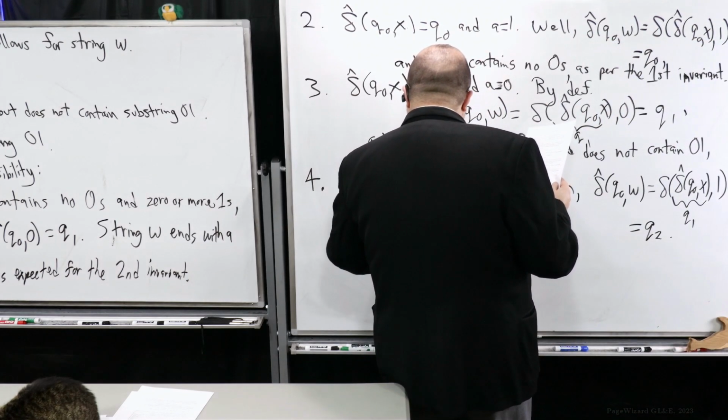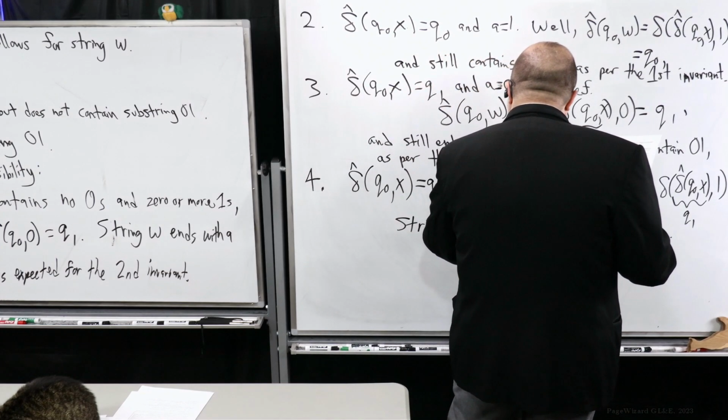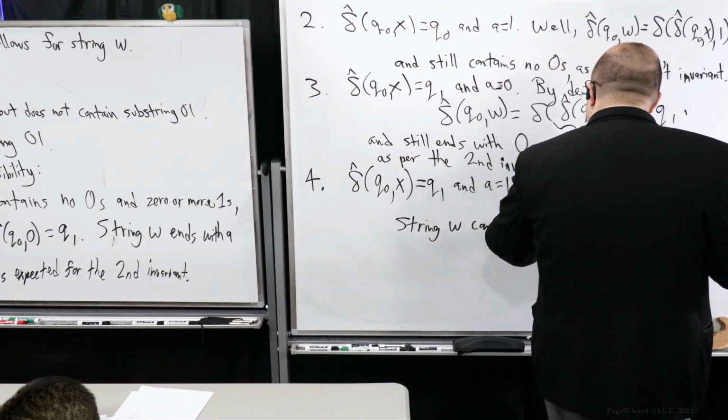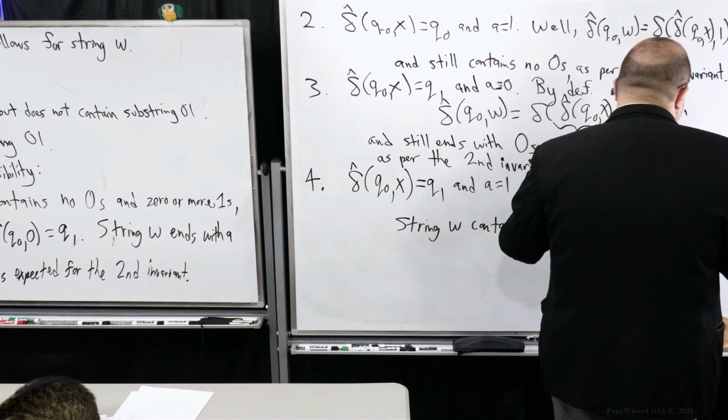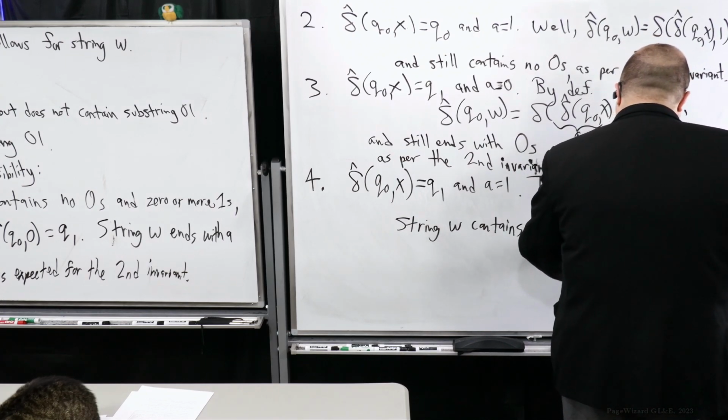So string W contains 0, 1 as per the third invariant.